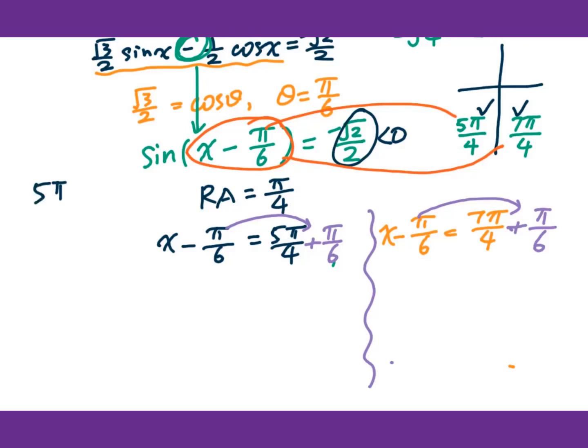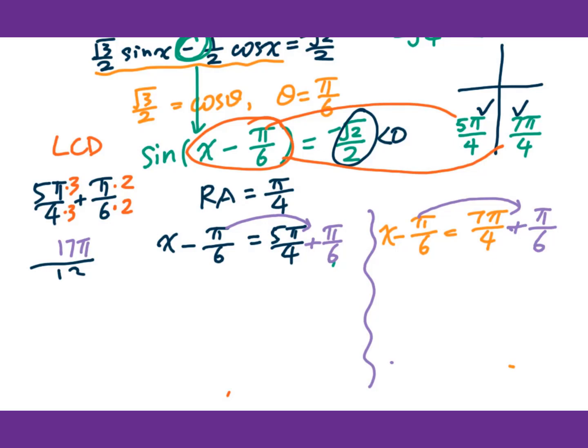For 5 pi over 4 plus pi over 6, since your denominator is not the same, you can cross multiply to get the answer, but you need to reduce. Or if you know the LCD, that's 12, then you can just multiply by 3 here, multiply by 3, multiply by 2, multiply by 2. You still get the same denominator, that's 12. So 15 plus 2 pi, that's 17 pi. So x will be 17 pi over 12.